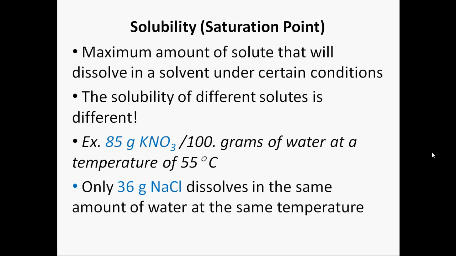However, if we tried to add just ordinary table salt to it, that water could only hold 36 grams before it reached its saturation point. So as we see, depending on the characteristics of each of these different solutes, we have different thresholds for how much can be dissolved into our solution.